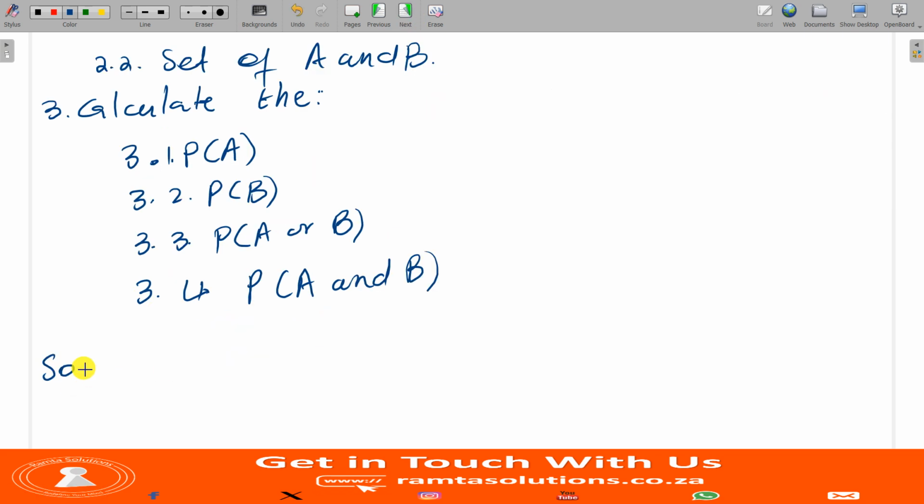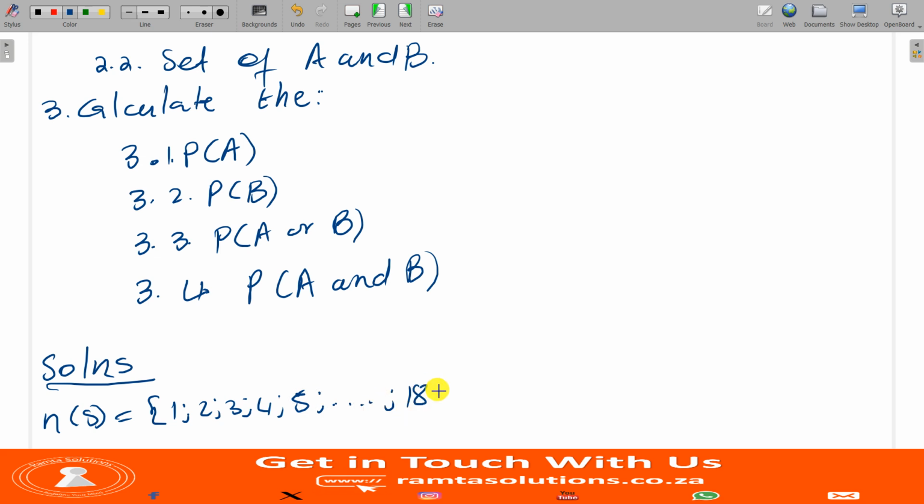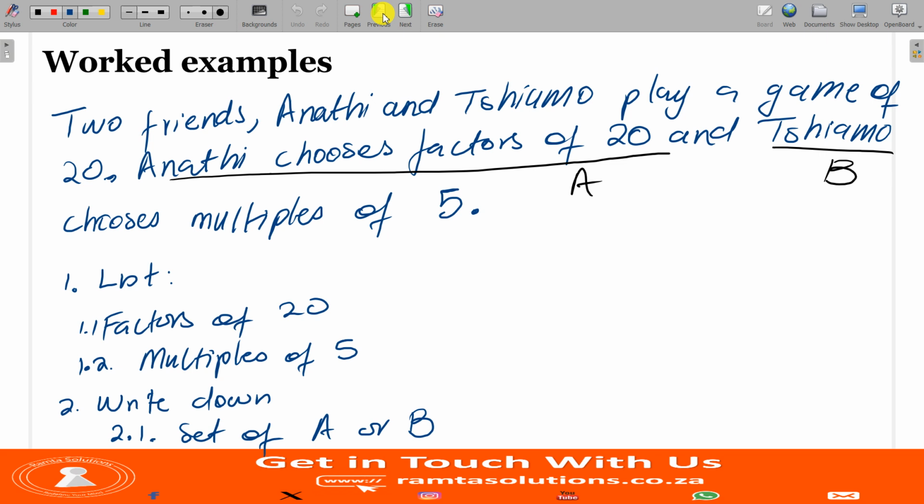For our solutions, our sample space will be the numbers 1, 2, 3, 4, 5, and so on until 18, 19, 20. Remember, they are choosing from 20. The game is called Choose from 20, isn't it?